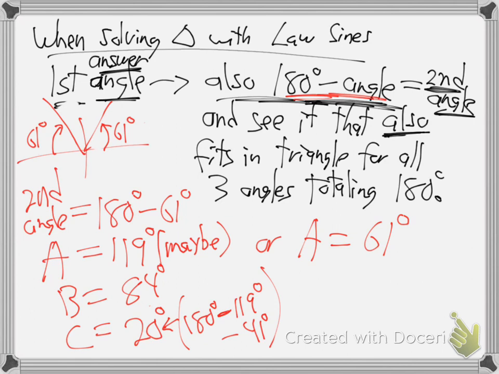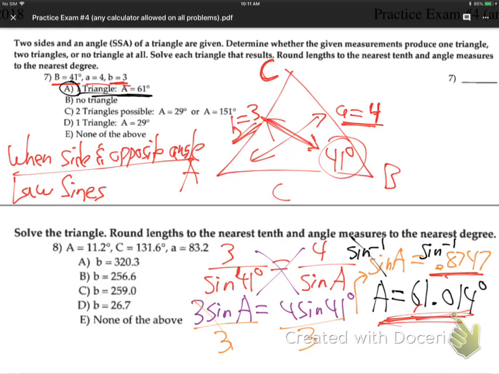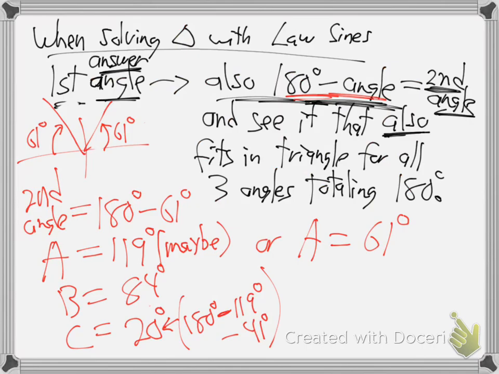Is that making sense? We'll probably have one of those in a minute. I know this is confusing. One more time. Whenever you're using law of sines to solve a triangle and you get your first answer, you've got to take 180 minus that. I hope you write this on your 3x5 card. Just write this example. Get your second angle and see if it fits in the triangle. I got 180 minus my first answer, 119.